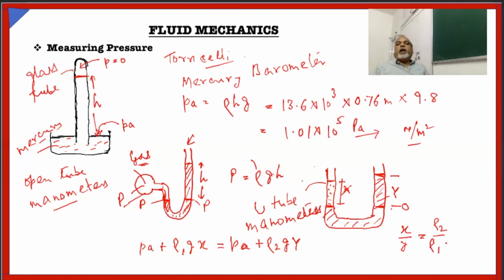So you can measure X and Y. If you know one density of liquid, rho 1 or rho 2, you can find out the other. So these are the manometers which are used to find out the density of different kinds of liquids.